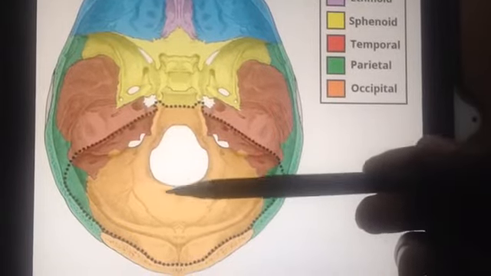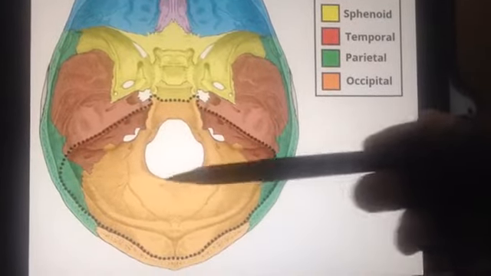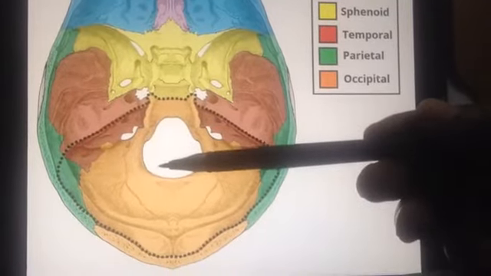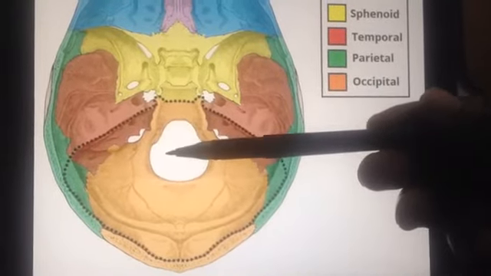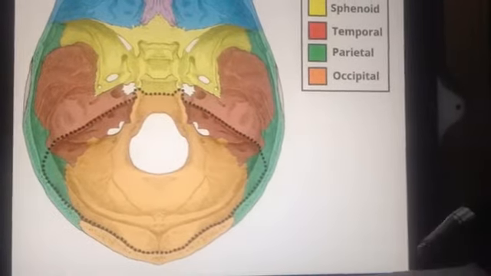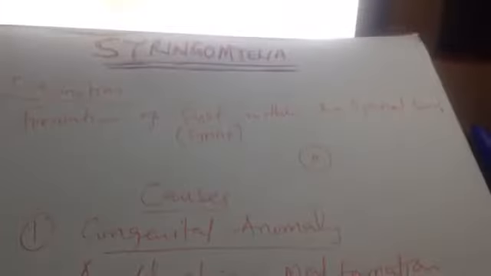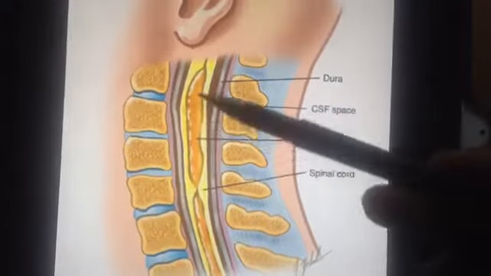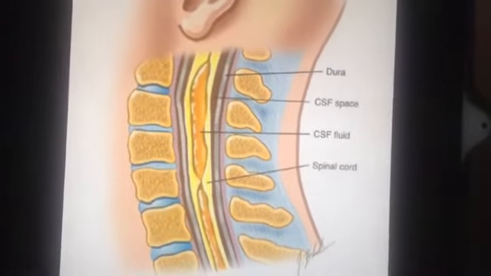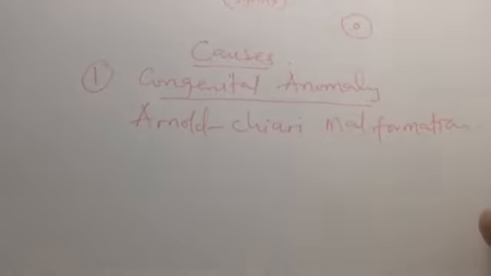When the cerebellum herniates down, it compresses the spinal cord, and the central canal is also compressed. Then there will be formation of a syrinx, as fluid collects in the spinal cord. This is what is happening in Arnold-Chiari malformation.